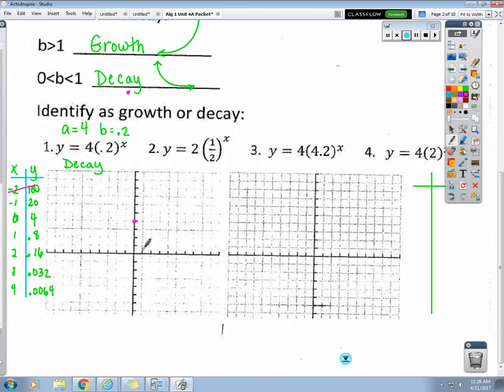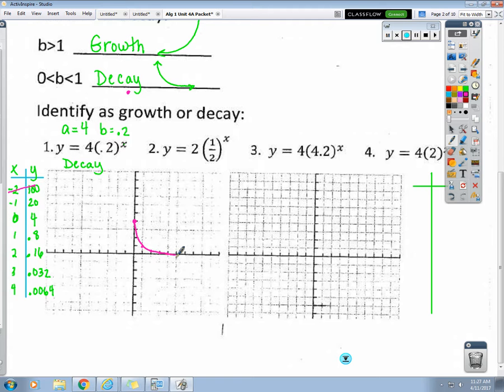So right 1 and then up almost to 1, but barely below it. And then 2.16 would be right 2. And then these numbers are so small, aren't they pretty much going to look like they're just sitting right on the x-axis? Okay, and they'll get closer and closer, so we basically just have to sit them right on top of it.